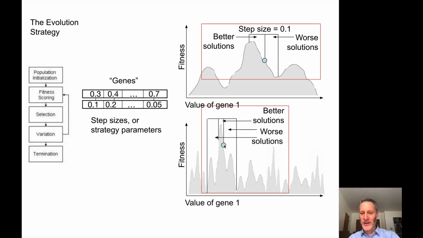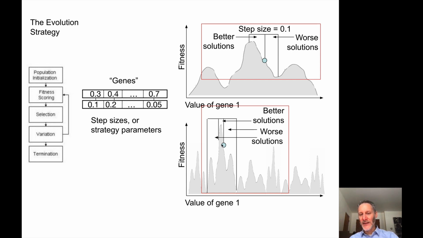And a child can have a synaptic weight that is at most 0.1 less than the synaptic weight of this parent.